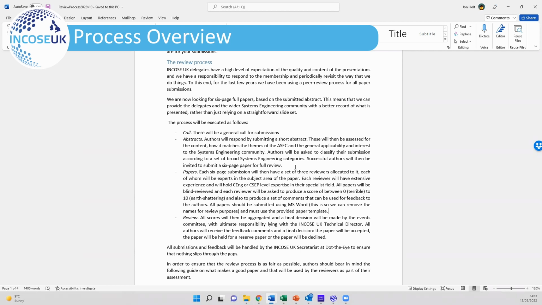Each review comes back and is scored 0 to 10, 0 being terrible and 10 being very, very good. Okay. I'd like to stress at this point, personally, I don't review any of the papers, okay? The only time that I get involved in reviewing is if there's a discrepancy between the reviewers' scores.